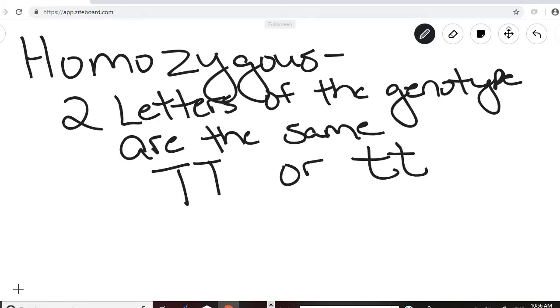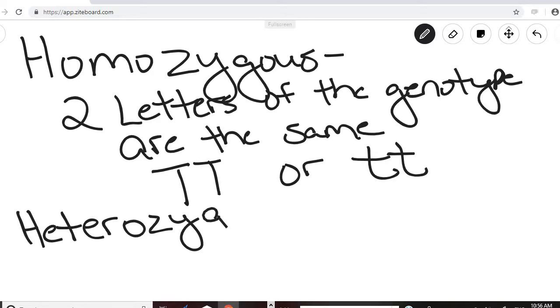Okay, that's homozygous. Heterozygous is where the two letters of the genotype are different from each other.